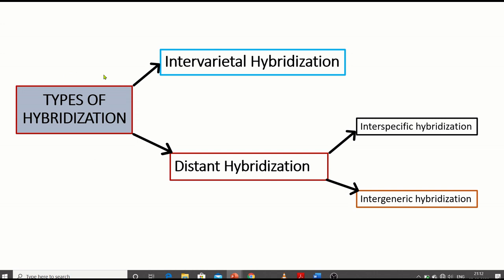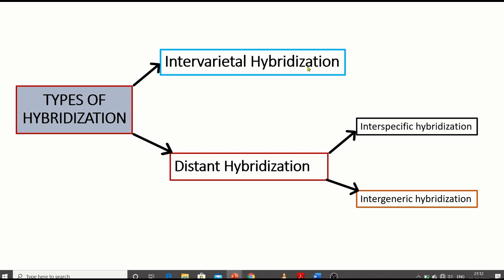And coming to the types of hybridization. Okay, it can be classified into two: intervarietal hybridization and distant hybridization. Okay, when it comes to popularity, the most commonly used hybridization program is intervarietal hybridization, because in most cases we go for hybridization between two different varieties because of the compatibility and because it is handy to work with.